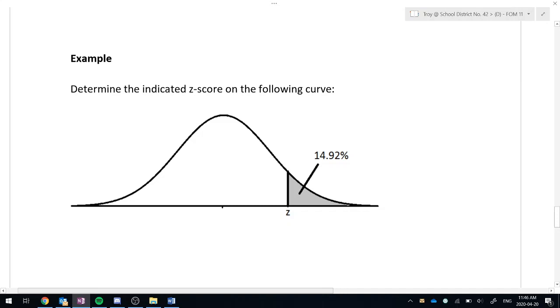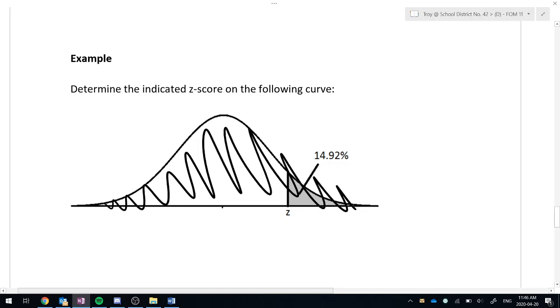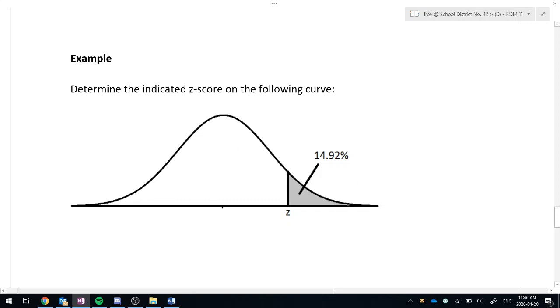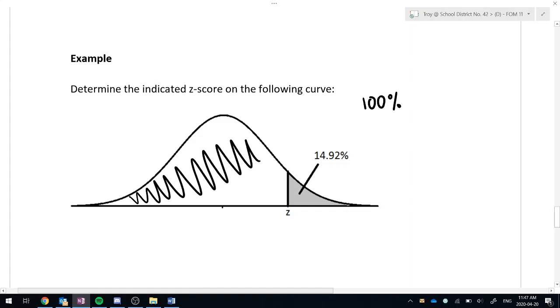So we know all of the data, everything, is 100%, right? If we shaded everything under the curve, that would be 100%. If we want this area, all we have to do is subtract this area from it.